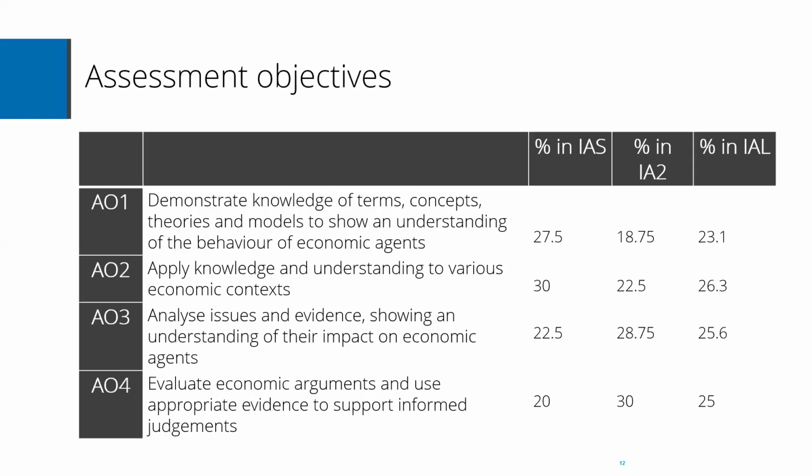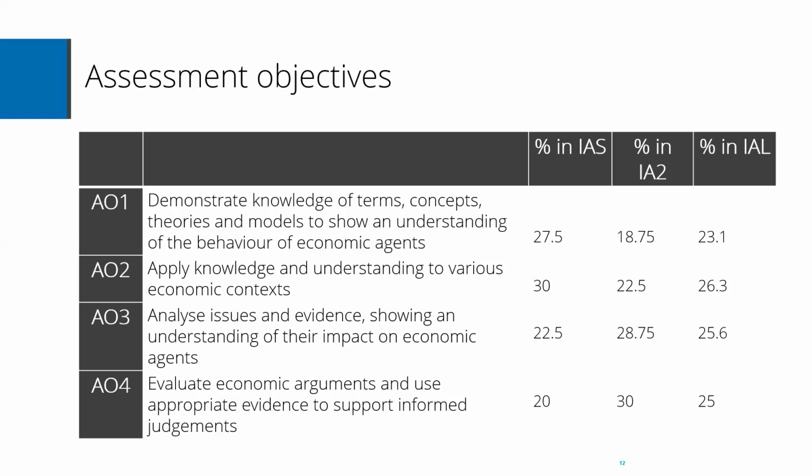Now this is actually shown in the specification as well, so if you want to look at this at your leisure, you will see those AOs that I've just mentioned, and a bit more of a description rather than just saying knowledge for AO1. We can see it's to demonstrate knowledge of terms, concepts, theories and models to show an understanding of the behaviour of economic agents.